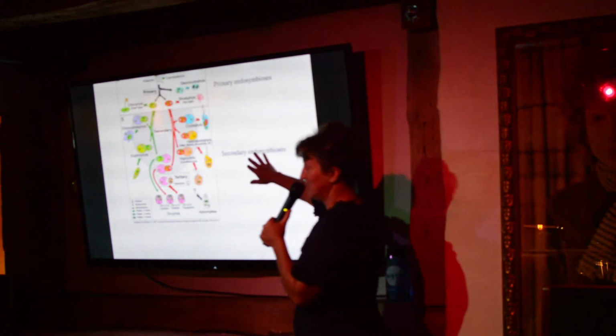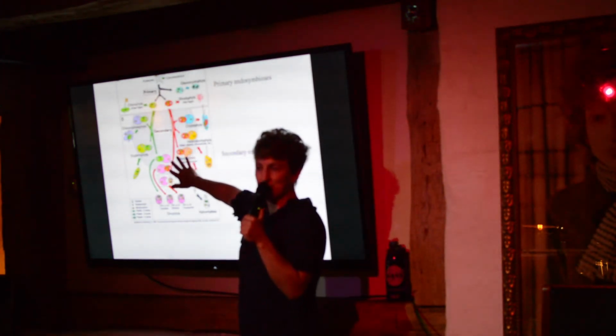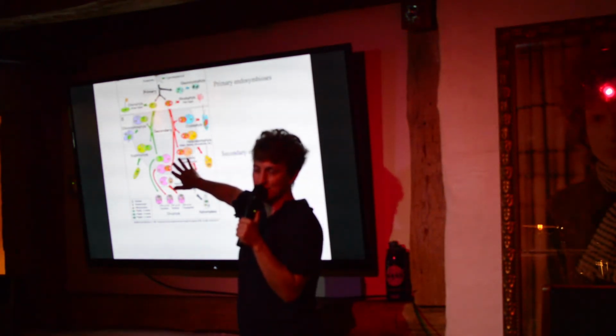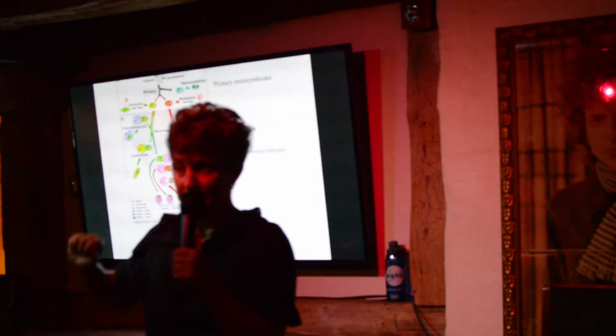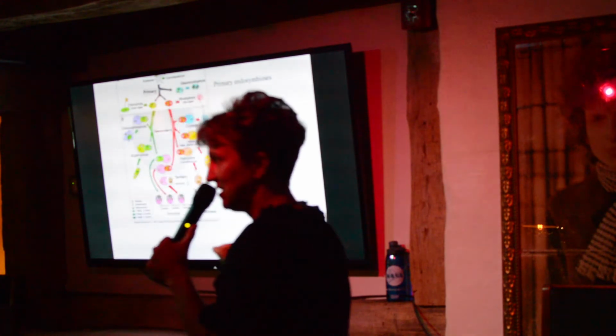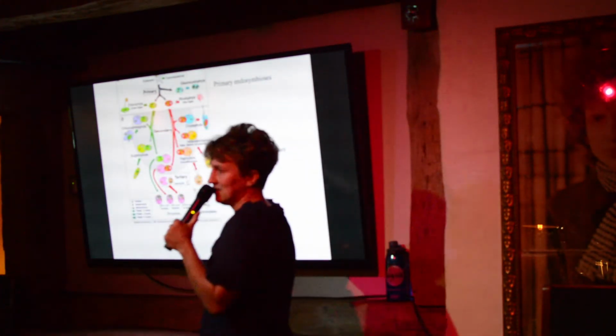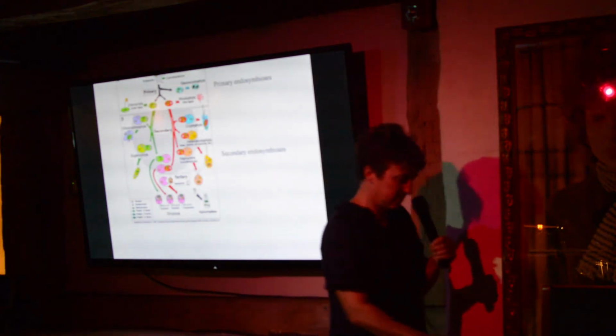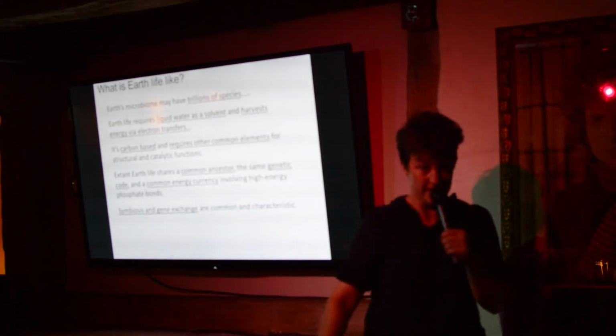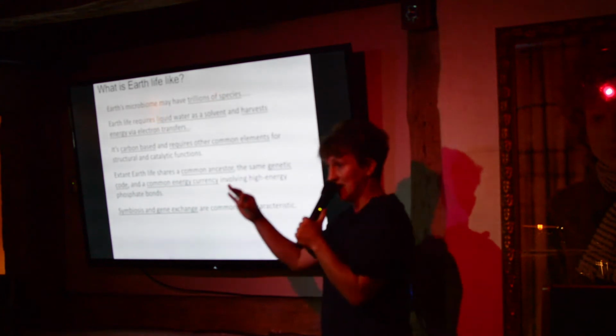Here's a similar diagram that shows the acquisition of plastids. The most famous plastid is a chloroplast that is in green plants. Those things used to be free-living cyanobacteria, and all plants and algae have these endosymbionts inside them. Okay, now we're dialed in.